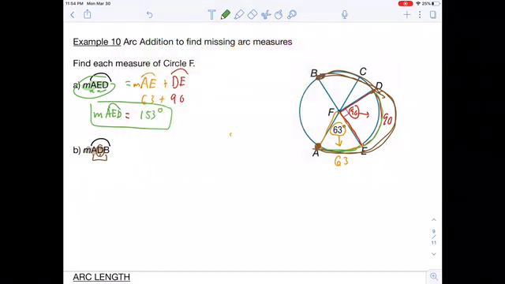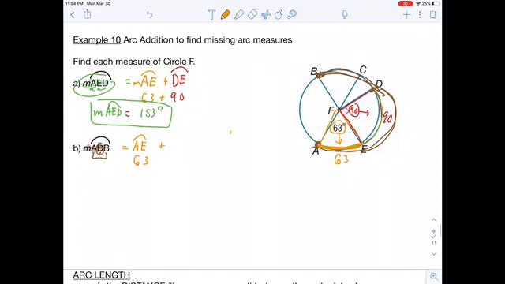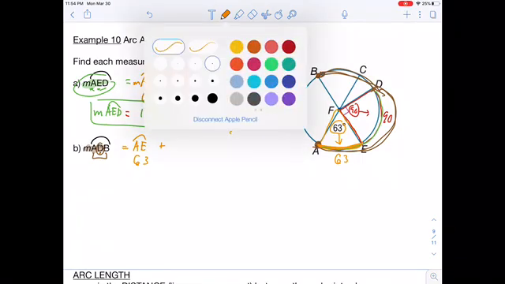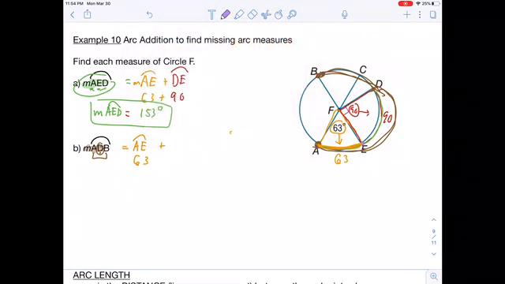The way I like to look at it, it's made up of this orange arc, AE, which we know is 63 degrees, and it's also made up of this purple arc, EB.